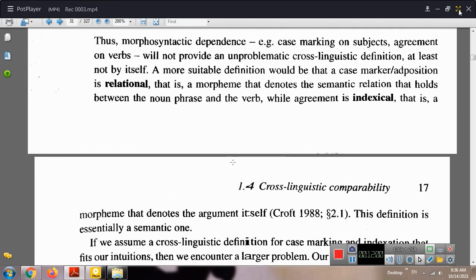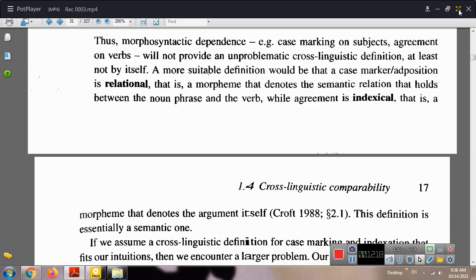Okay, I want to repeat it again. Morphosyntactic dependence, like case marking on subject and agreement on verbs, will not provide an unproblematic cross-linguistic definition, at least not by itself.